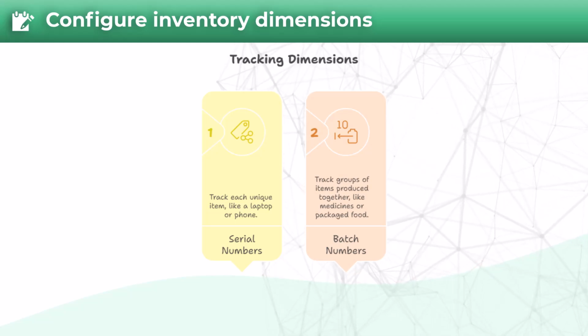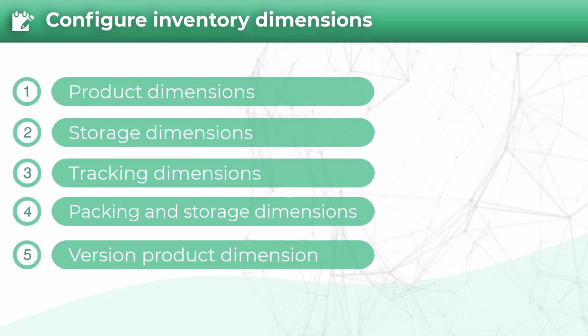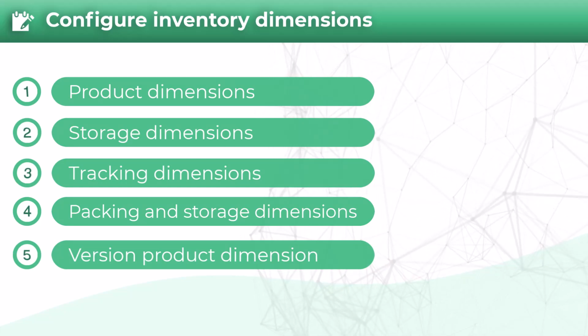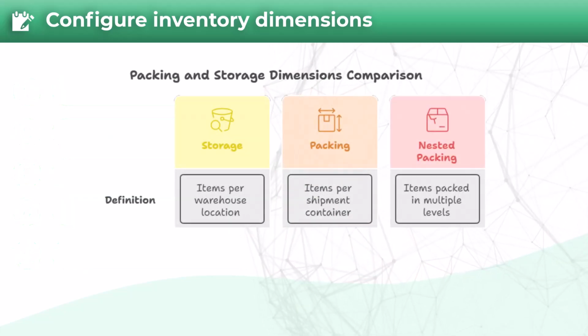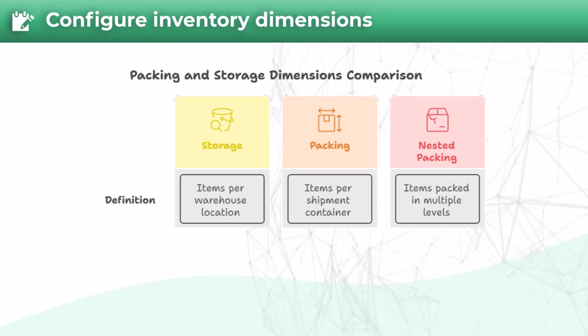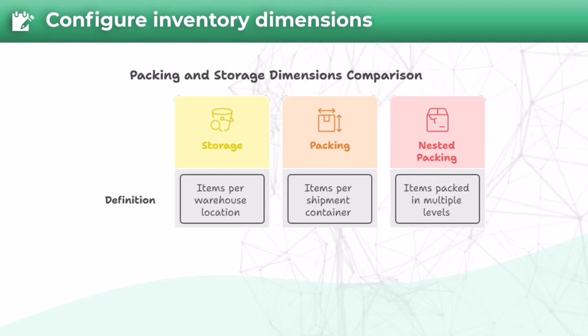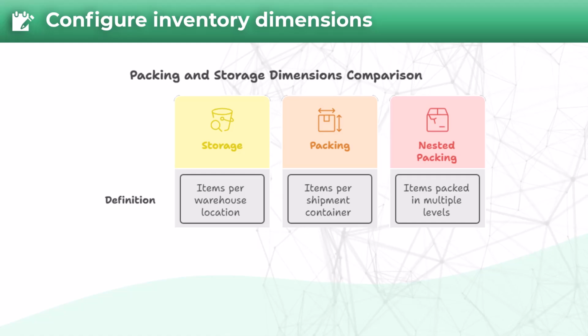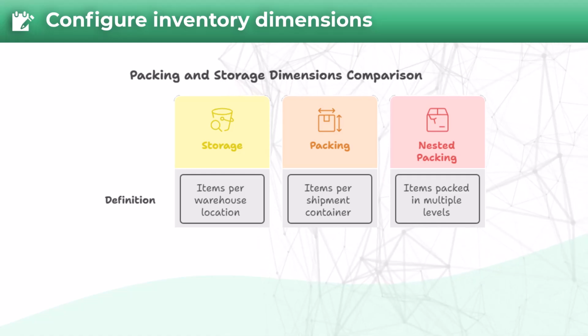Now let me go to another dimension, that is the packing and storage dimensions. Companies pack and store products in different ways. Dynamics 365 allows you to set the physical dimension. Storage defines how many items fit in a warehouse location.